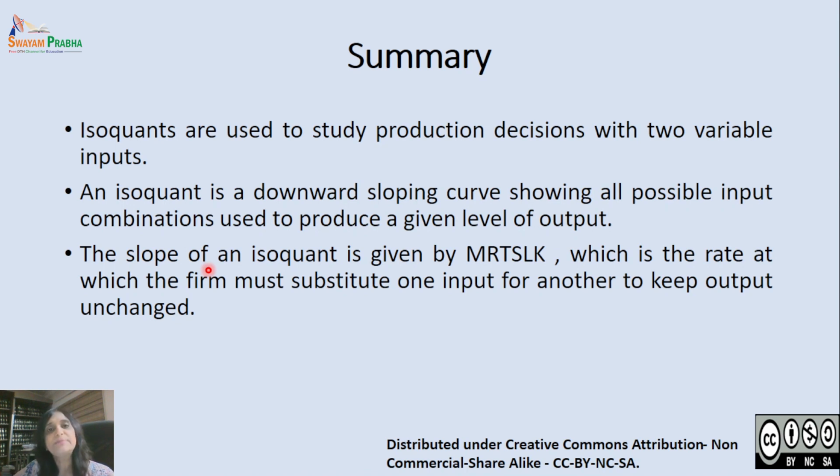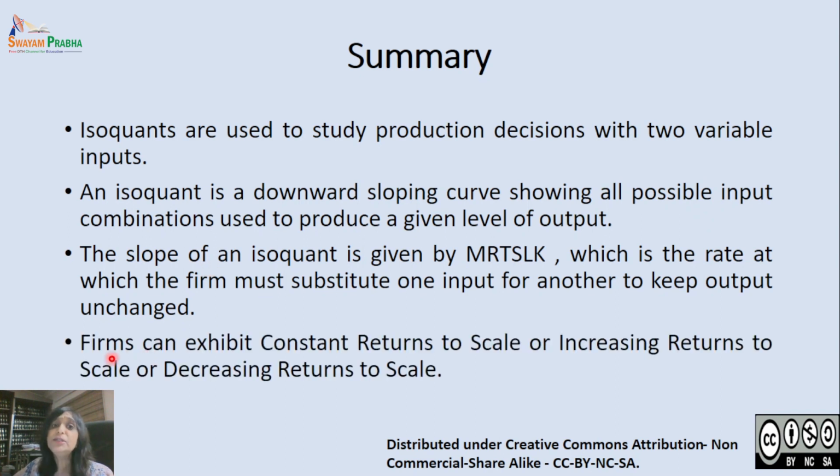Many times we write MRTS is equal to MPL upon MPK. A firm in returns to scale can exhibit constant returns to scale, increasing returns to scale, or decreasing returns to scale. So these are the three types of returns to scale which a firm may exhibit.